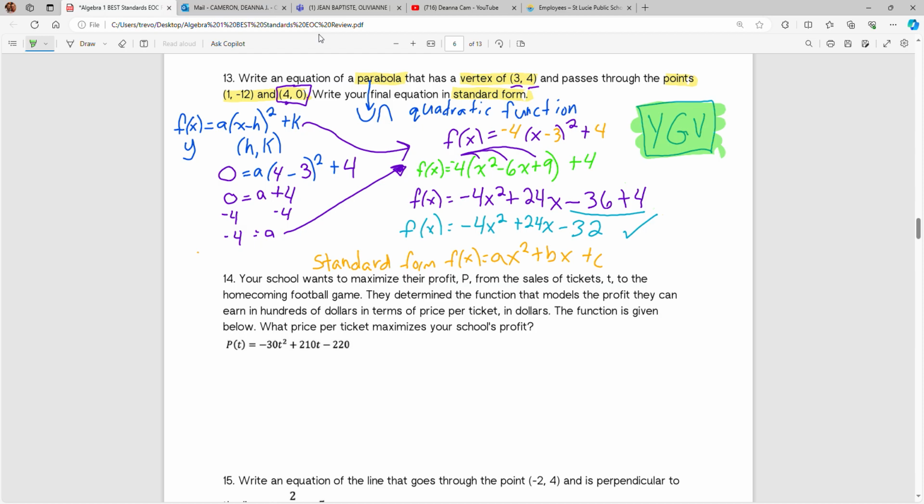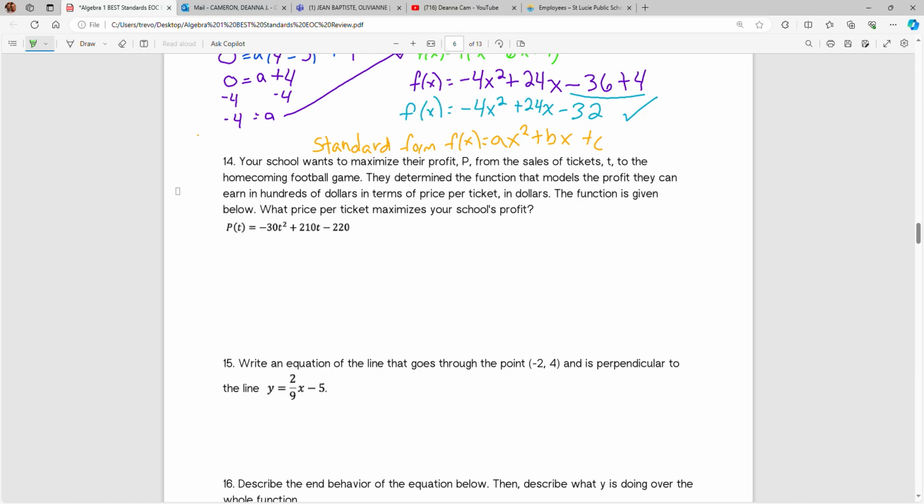And then continuing on the page to number 14, your school wants to maximize their profit, P, from the sales of tickets, T, so profit, and tickets, T, to the homecoming football game.